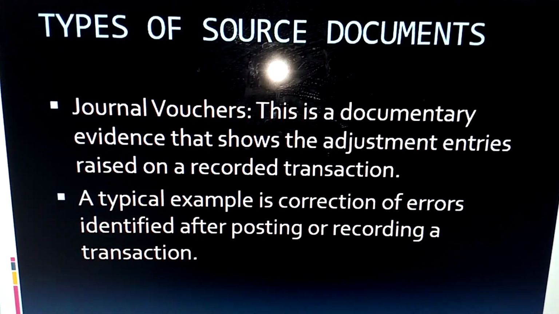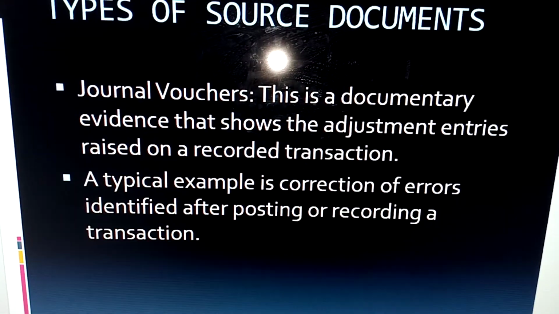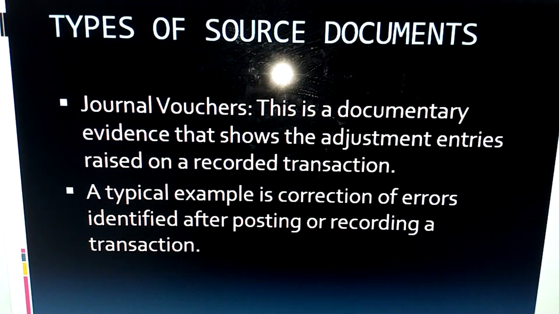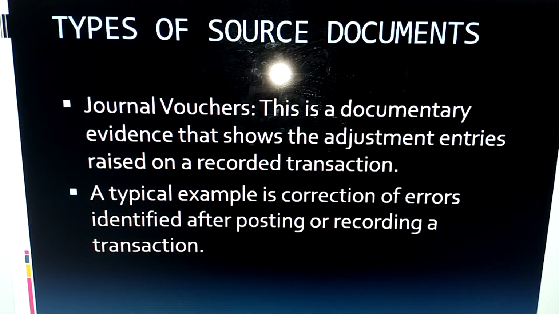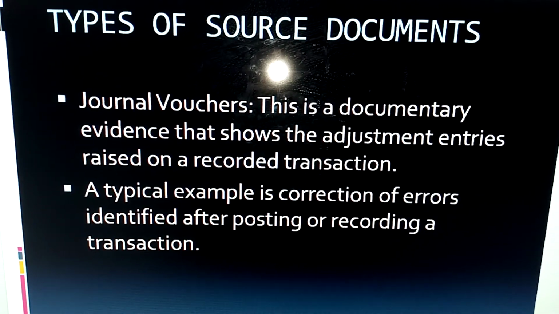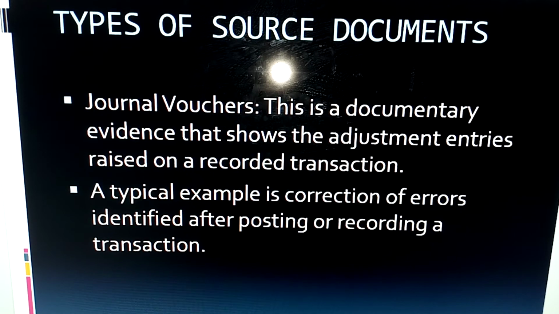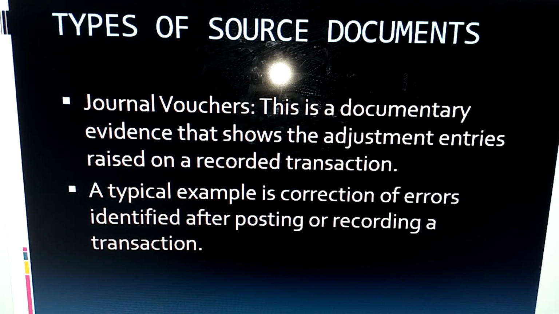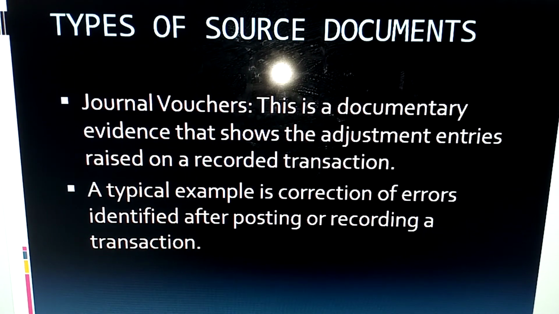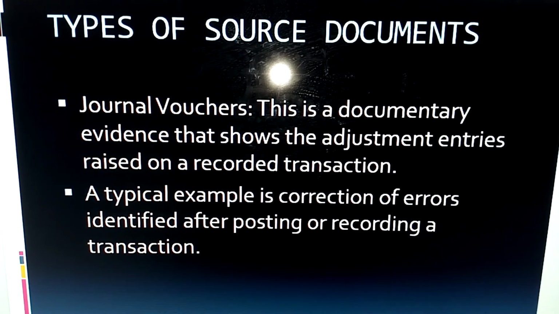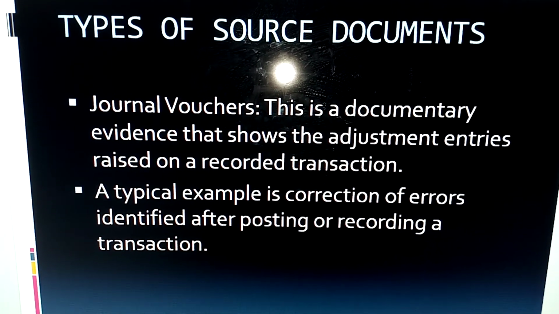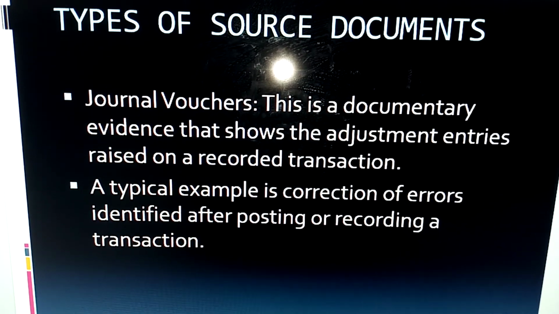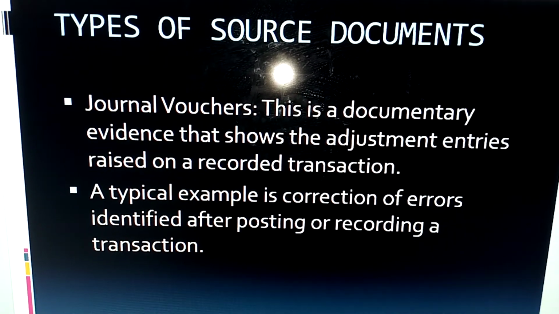Now in business accounting, it's possible that in accounting for transactions that you have already recorded, you can identify some errors and then you need to make adjustments. For you to make the adjustment, you raise what we call journal vouchers. The journal voucher is the documentary evidence that shows the adjusting entries raised on a recorded transaction.